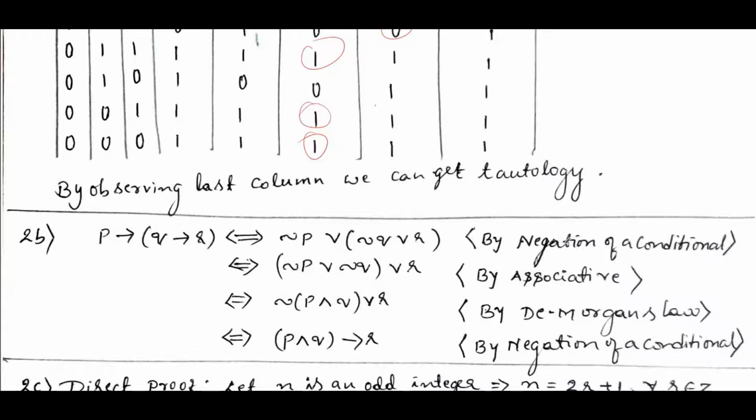First, I will go with negation of conditional. Q implies R can be written as negation Q disjunction R. That is what I have written.